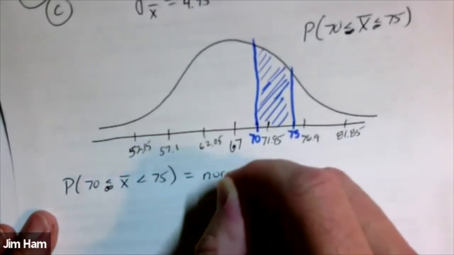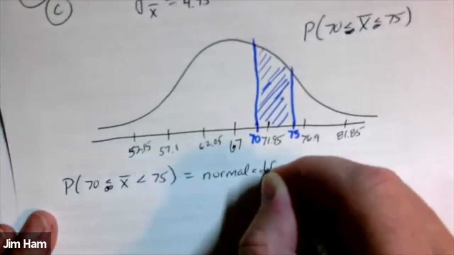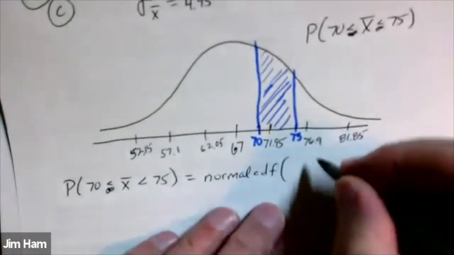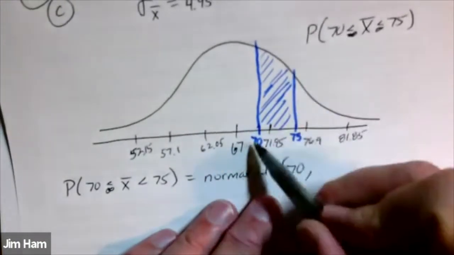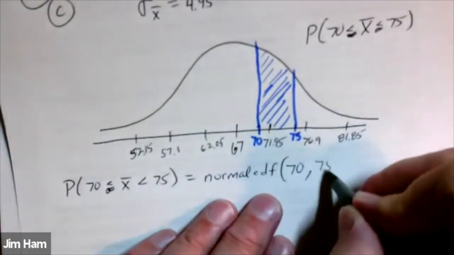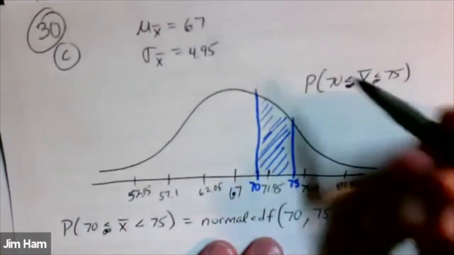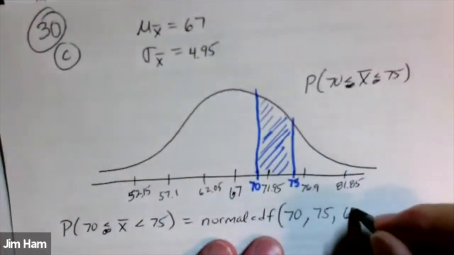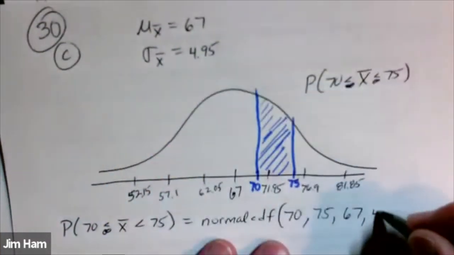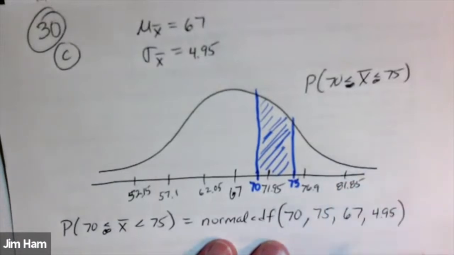Normalcdf. And then lower bound 70, upper bound 75, mean 67, and standard deviation 4.95.